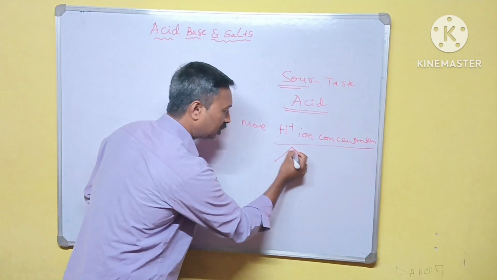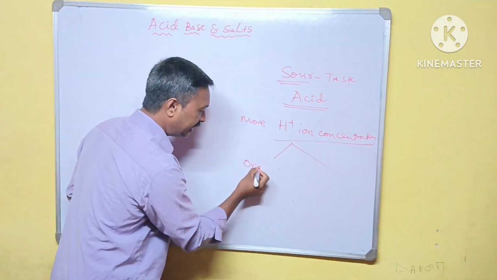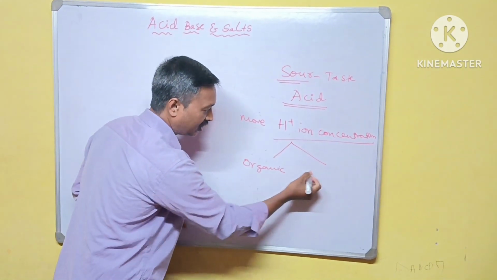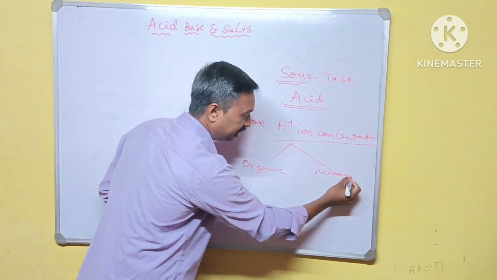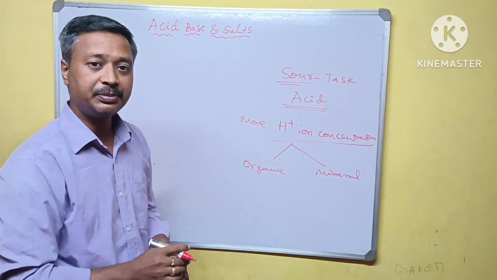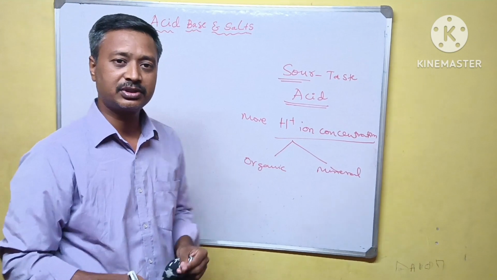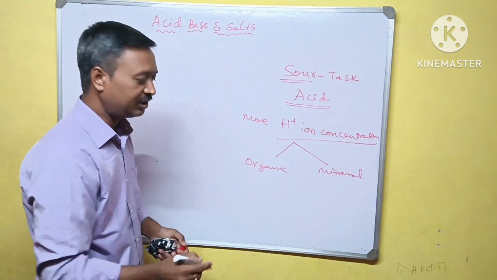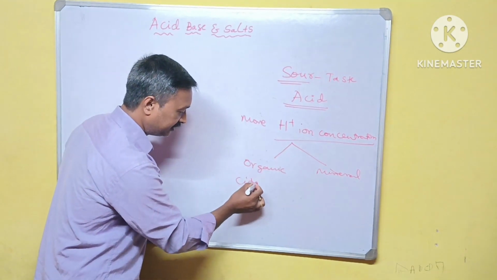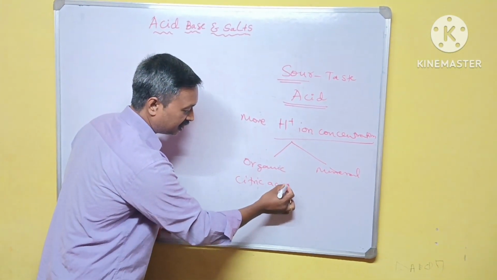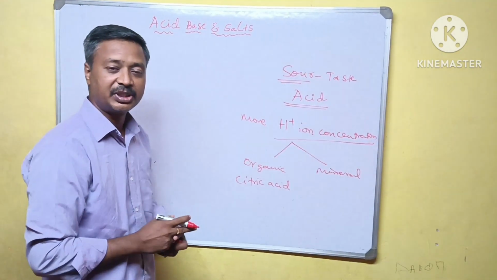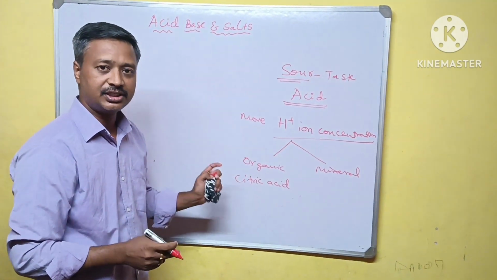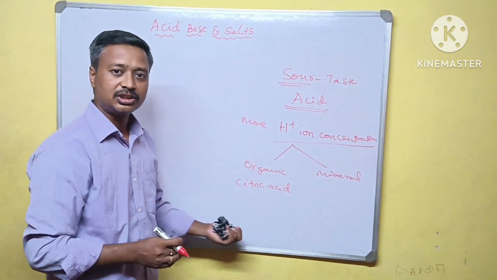Acids are of two types: organic acid and mineral acid. How many types of acids do we have? Two types: organic acids and mineral acids. Organic acids: citric acid, which is present in the lemon, the orange.